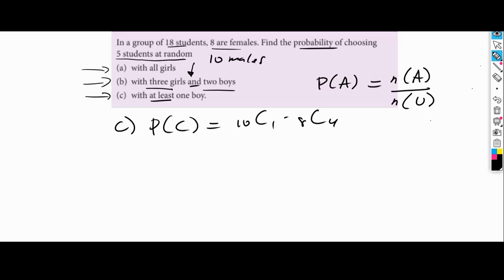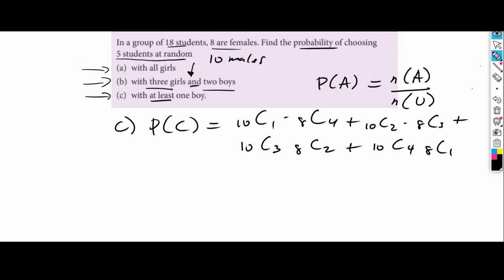Now, this is mutually exclusive from other possibilities. So that means that or, which means plus, we could do 2 boys out of 10 in combination with 3 girls. Or we could do 3 boys out of 10 in combination with 2 girls out of 8. Or we could do 4 boys out of 10 in combination with 1 girl out of 8.